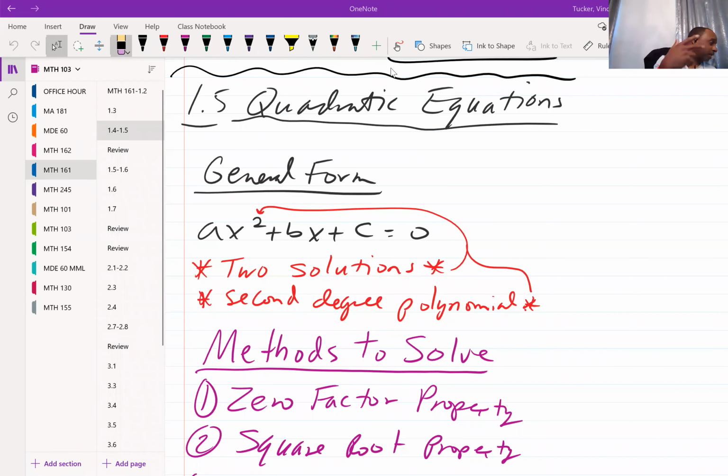In other words, the highest exponent on your variable is 2, so we should be looking to have two solutions. For the most part, that highest exponent on your variable will let you know how many solutions you'll be able to get. Sometimes you have repeated solutions, but even if it's repeated, those will be two solutions.